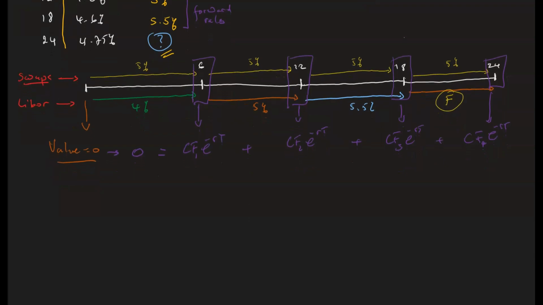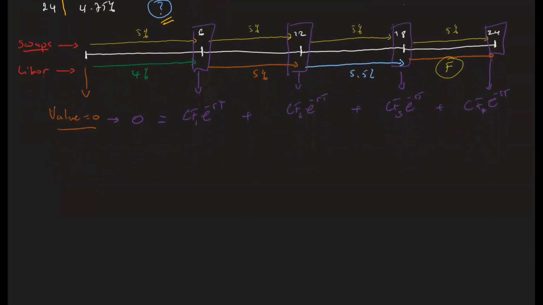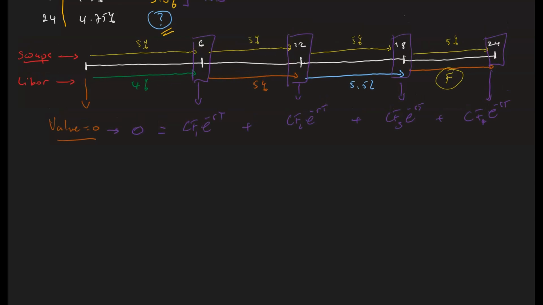Now, what are those cash flows that are going to be received over these periods? Well, we're going to say cash flow 1 is going to be equal to our notional amount, which is 100. Actually, start with what we have here.